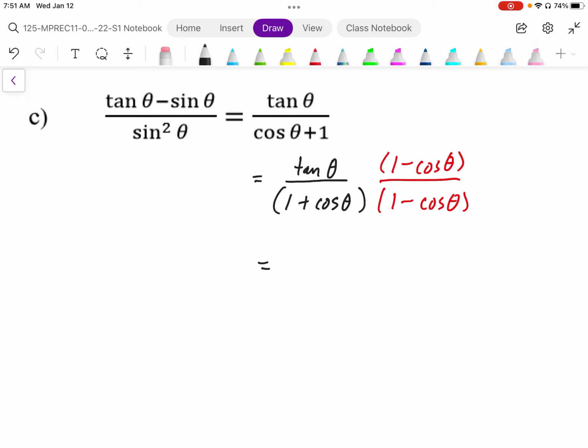And when I multiply this through, I end up with tan theta minus cos theta times tan theta. I'm going to convert that tan theta into sine over cos, because I can then see that the coses will cancel out. So I'm just going to highlight that. That comes from there.